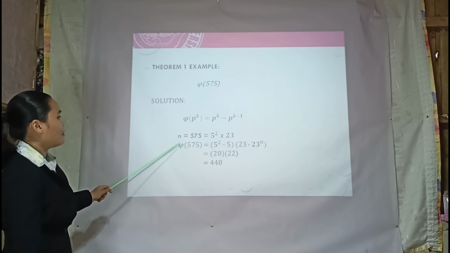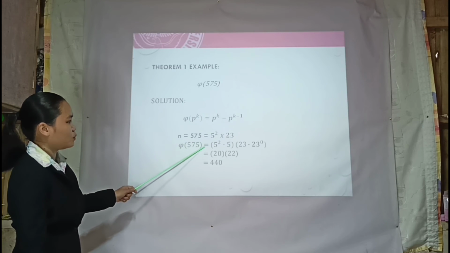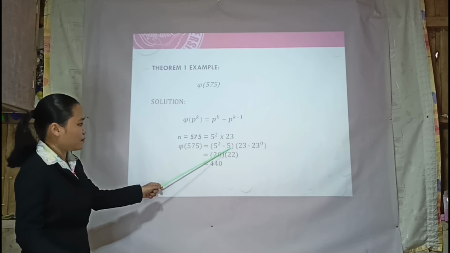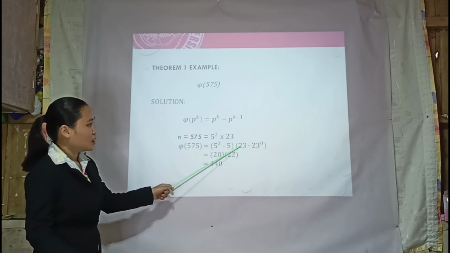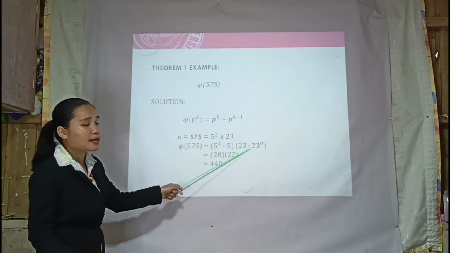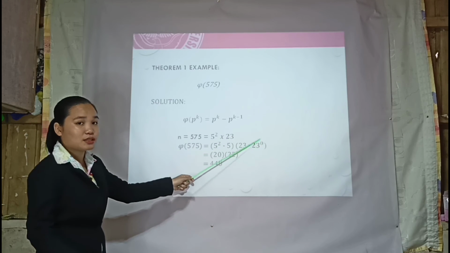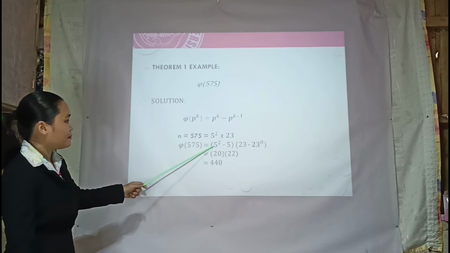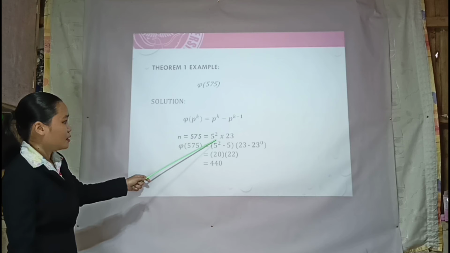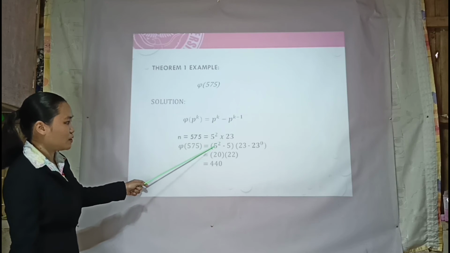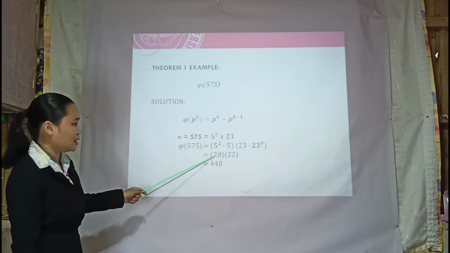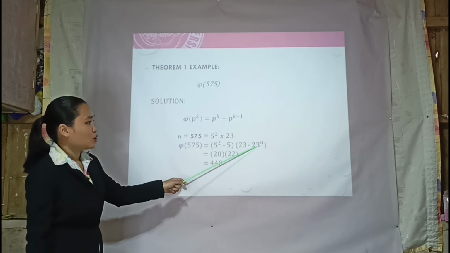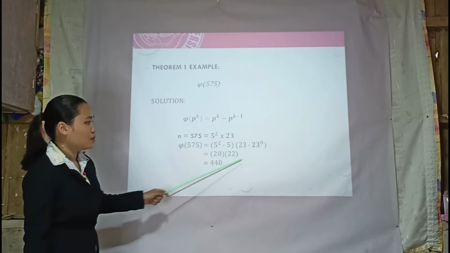So we have phi of 575 equals 5 squared minus 5 times 23 minus 23 raised to 0. If we evaluate this, we have 5 squared, which is 25, minus 5. The answer is 20. And 23 minus 23 raised to 0.